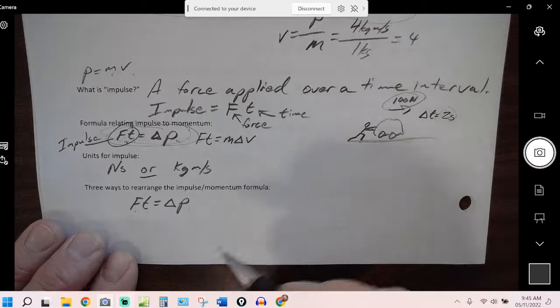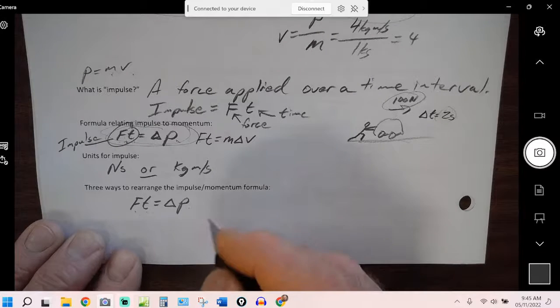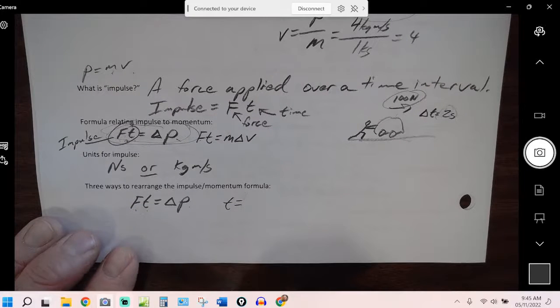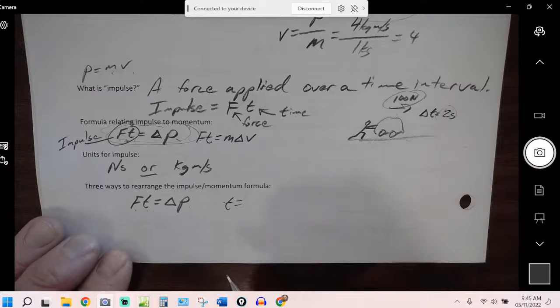But I will help you if you need help, but you should be able to do that by now. So if I just wanted to solve for time, what would it be? If Ft equals delta p, then t equals delta p divided by F.